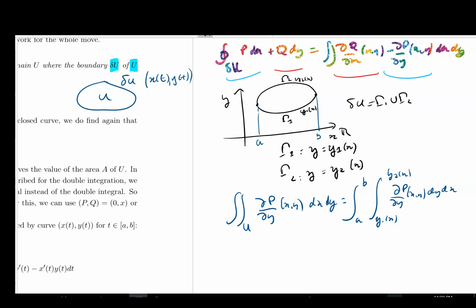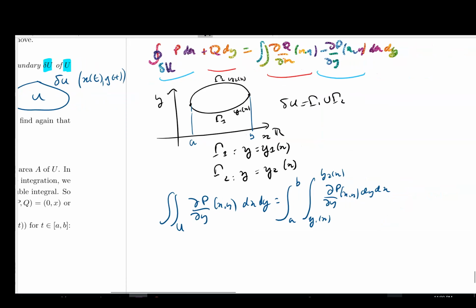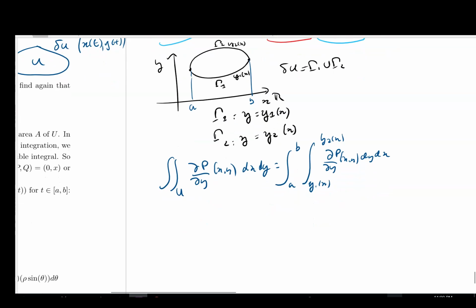This is related to the first steps we did on double integrals. Good news is that the function inside is already a derivative as a function of y. So let's keep the first integral, and the second integral is simply solved as P of x y between y1 of x and y2 of x, dx.